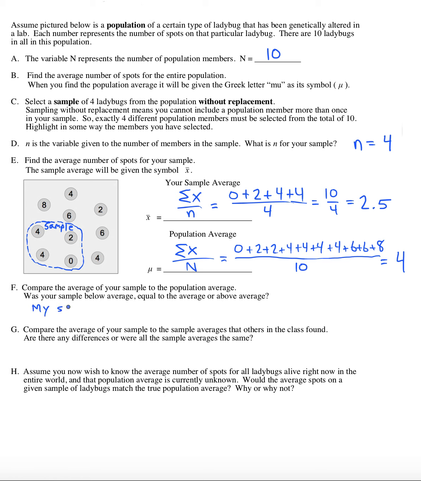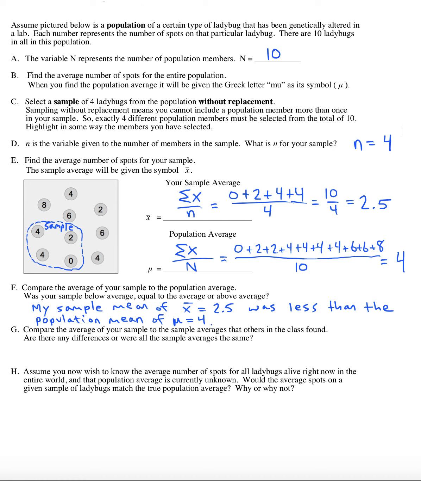So I'm going to put my sample mean of x bar equals 2.5 was significantly less than the population mean of mu equals 4.